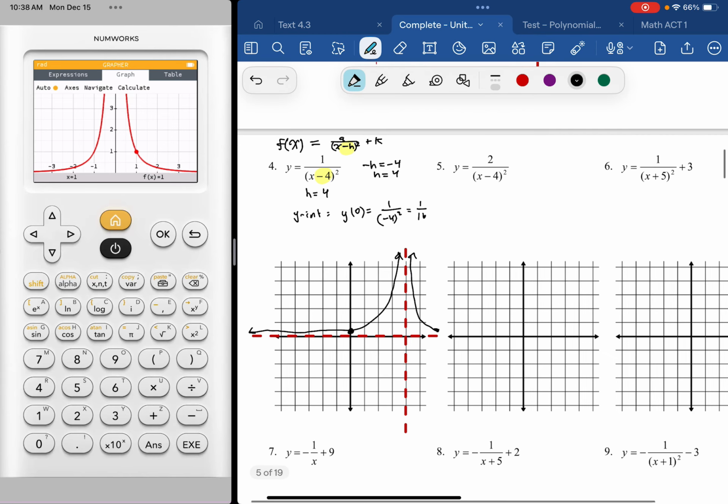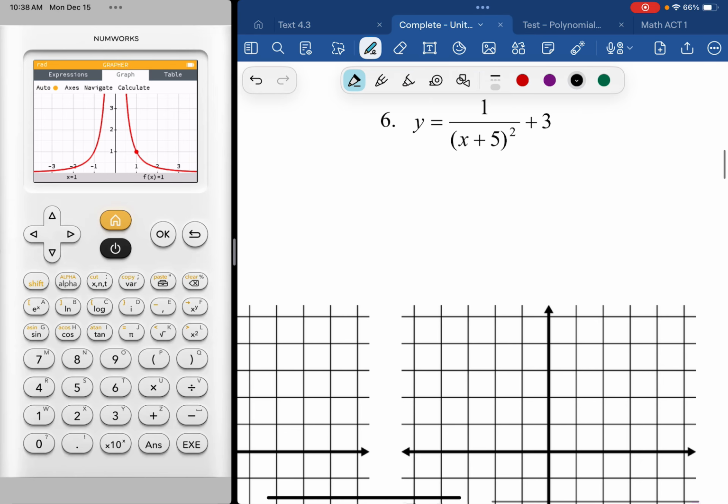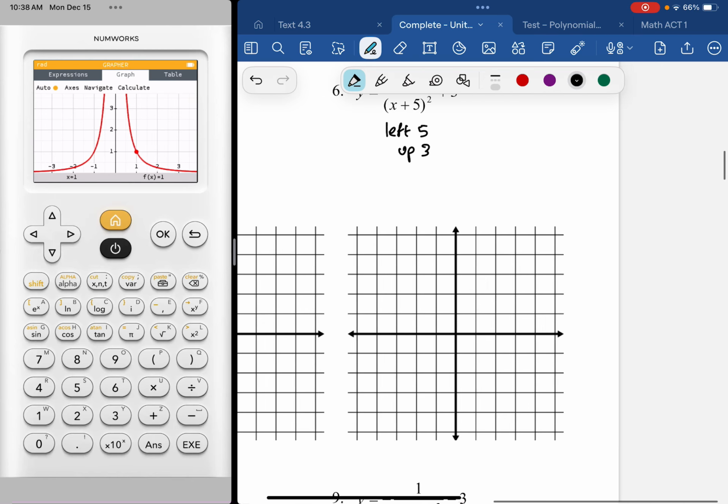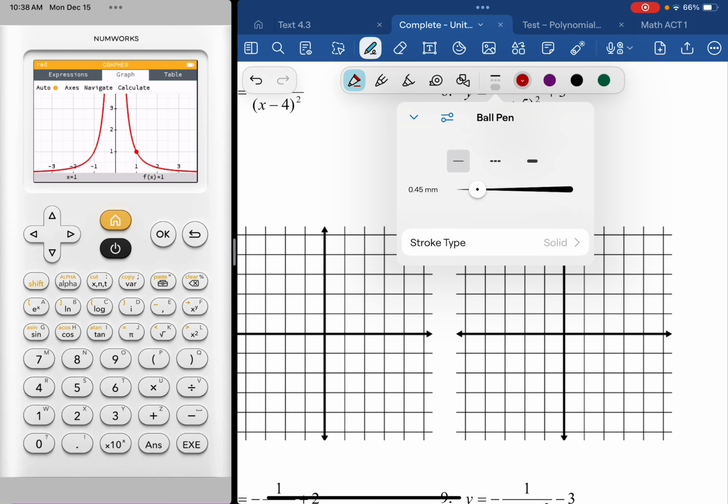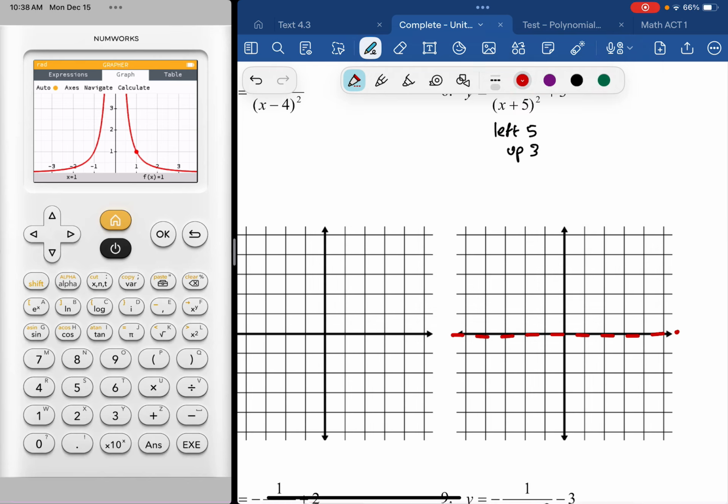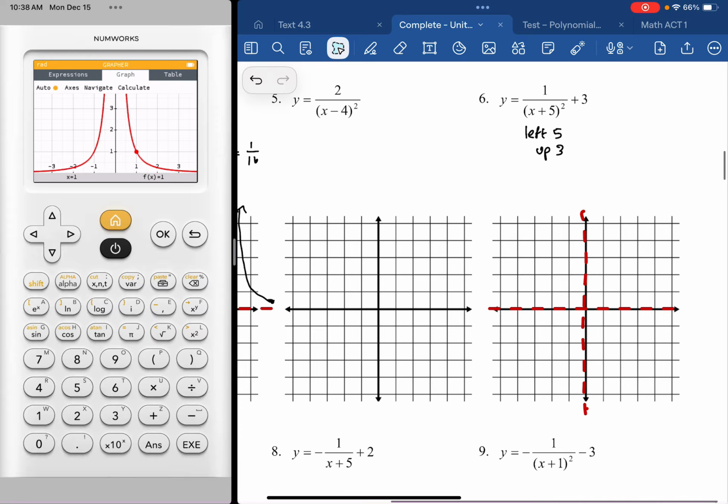Number 6, you're going to go left 5 and up 3. So start off with my horizontal and vertical asymptotes. I'm going to take my vertical one and shift it left 5: 1, 2, 3, 4, 5.